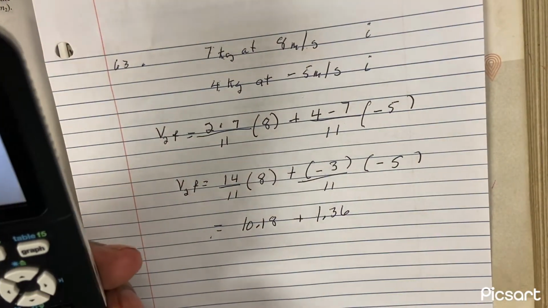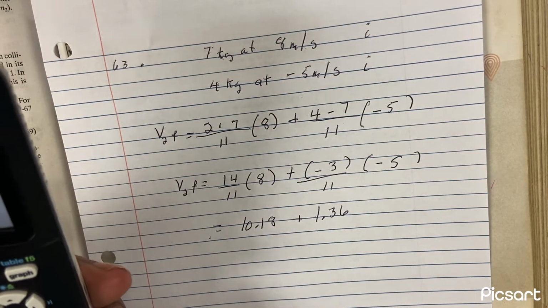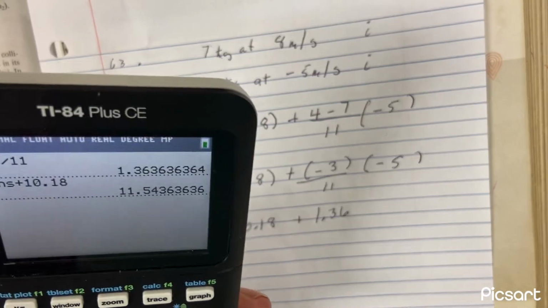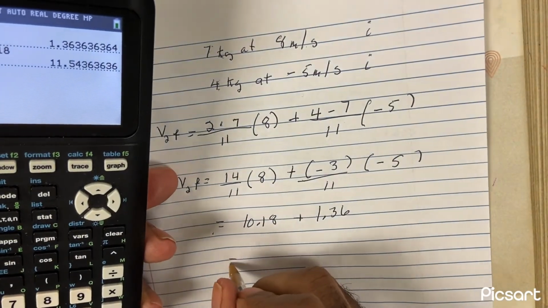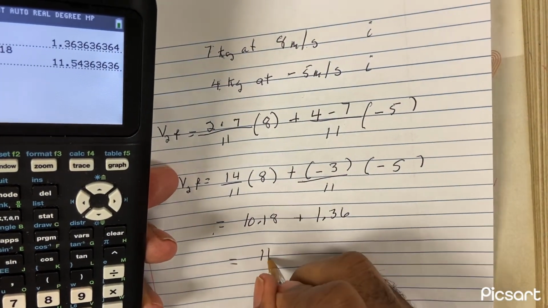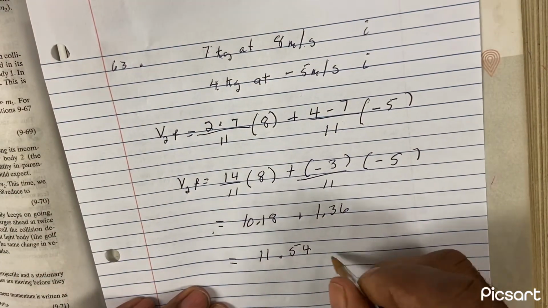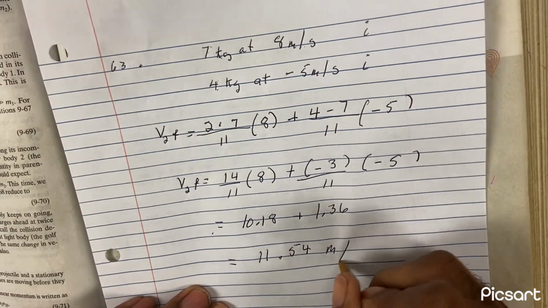And when we add those, we get an answer of positive 11.54 meters per second.